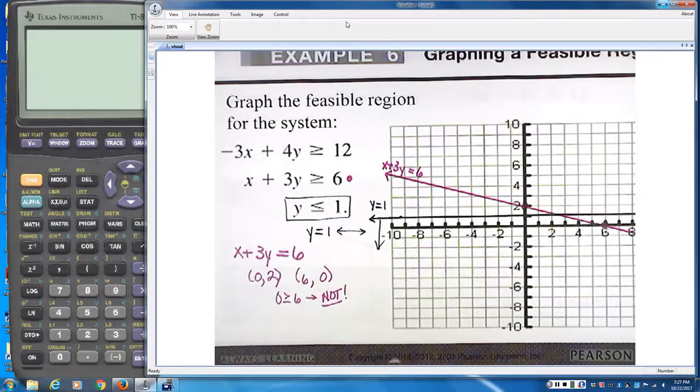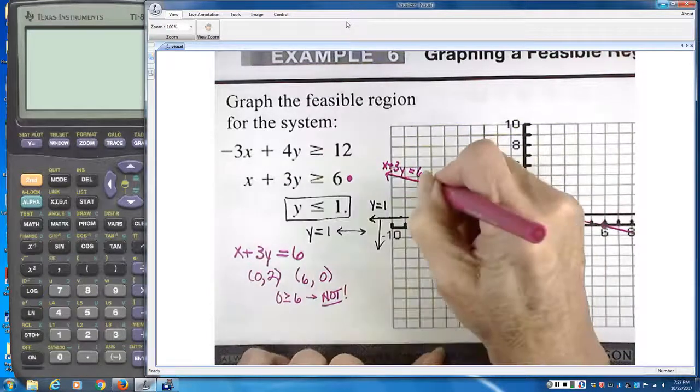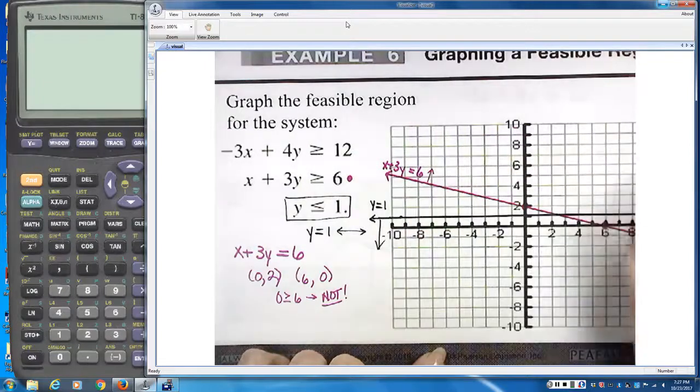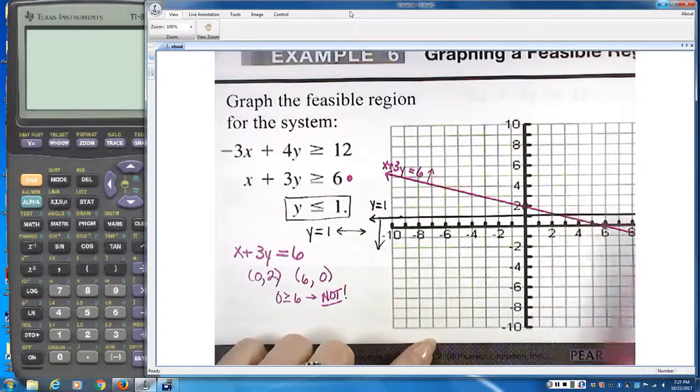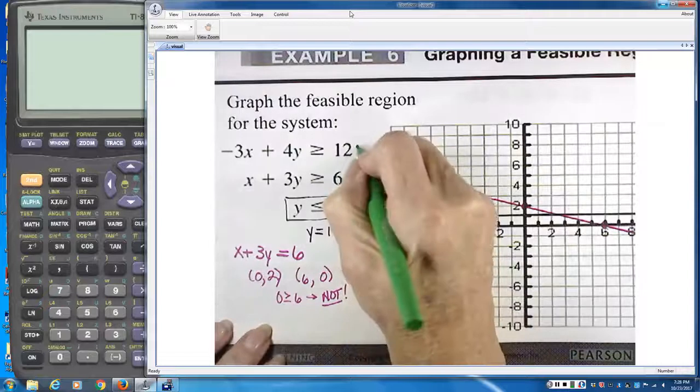No, it's not. So we don't shade towards 0, 0, we shade the other direction. We'll shade above the line. So right now we're looking at a feasible region that's just right here. And then we check this one.